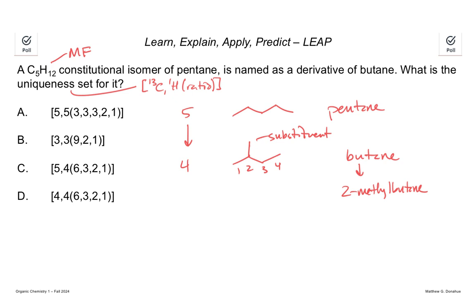However, if we consider the uniqueness set, they will be different. So as we're looking at 2-methyl butane, how many unique carbons do you think it has?